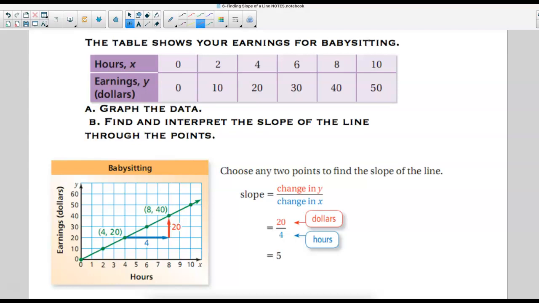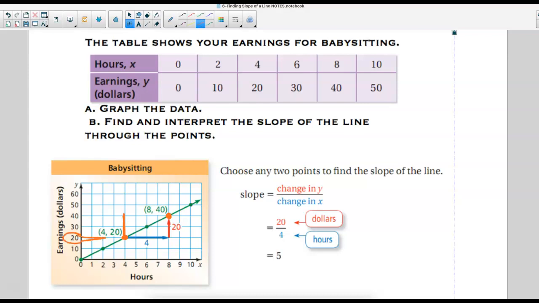Okay, so it says find and interpret the slope of the line through the points. Let's find the slope. I kind of set it up. Slope is change in y over change in x. So I said 20 over 4 because I did this point to this point. And when you take that step up, we have to pay attention to the numbering, right?